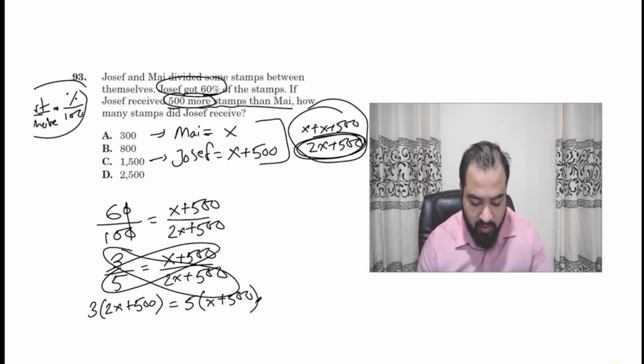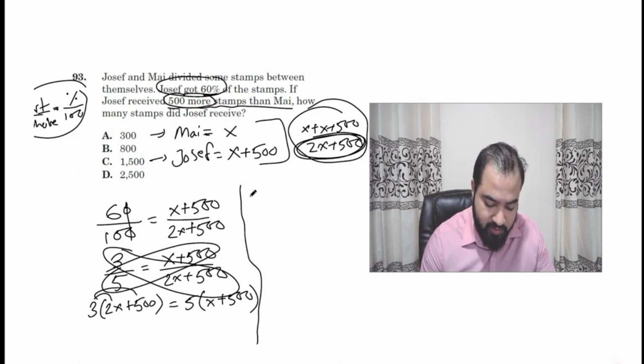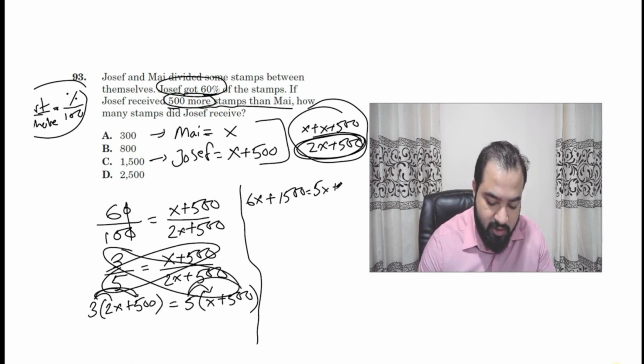Now we need to solve this, distribute here. I'm going to continue it on this side. So 3 times 2X is 6X, and 3 times 500 is 1500. And on the right hand side we have 5 times X, which is 5X, and 5 times 500 is 2500.